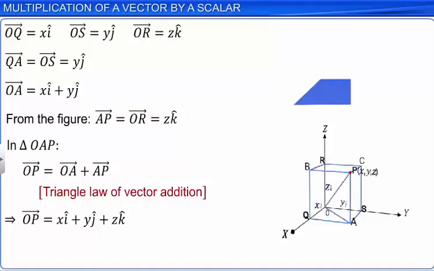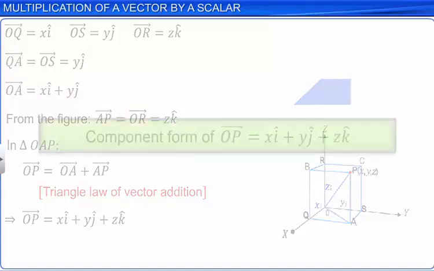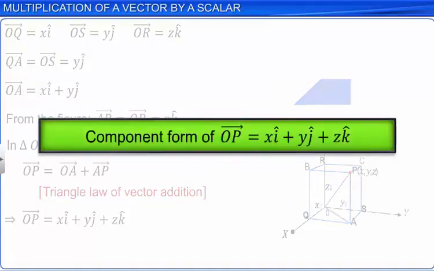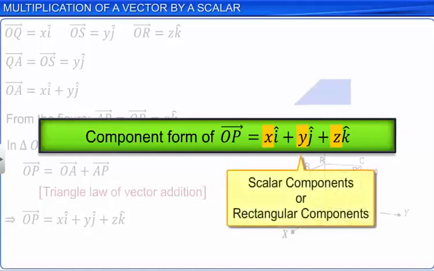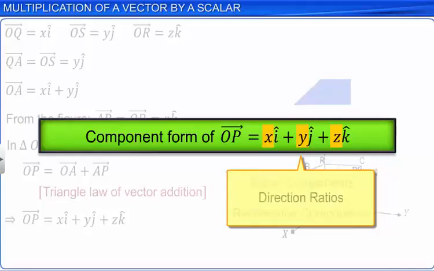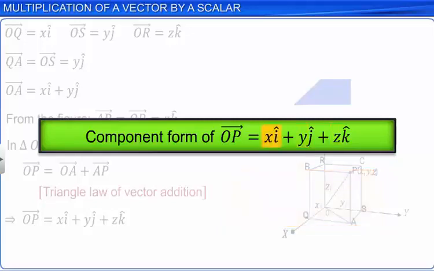This form of vector OP is called the component form of vector OP. x, y and z are called the scalar components or rectangular components of vector OP. The scalar components of a vector are called its direction ratios. xi, yj and zk are called the vector components of vector OP.